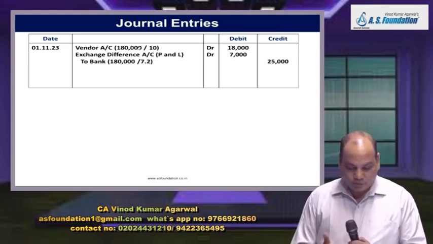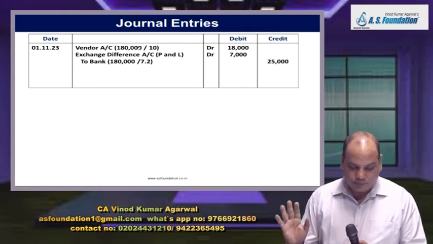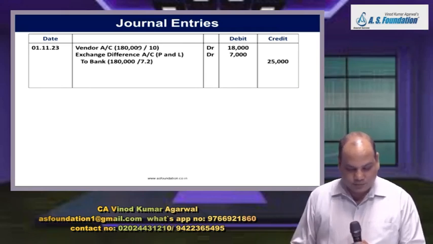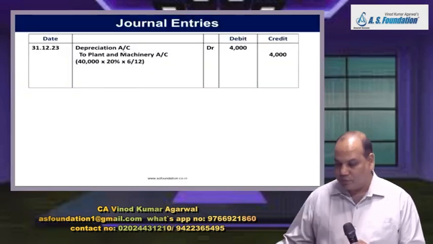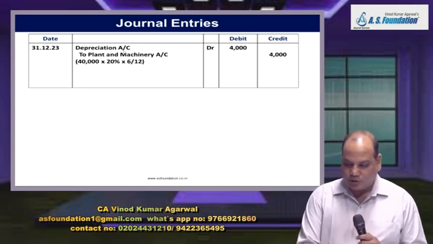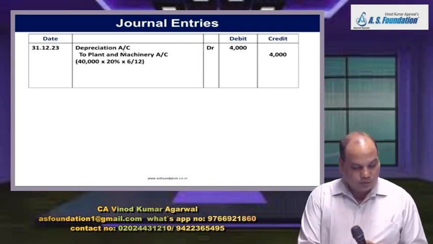Out of 4 lakh yen, you have paid 1,80,000. How much is still pending? 2,20,000. But you have to also provide depreciation. So depreciation will be on the basis of historical amount only. So the historical value of this asset is 40,000, which will not change.